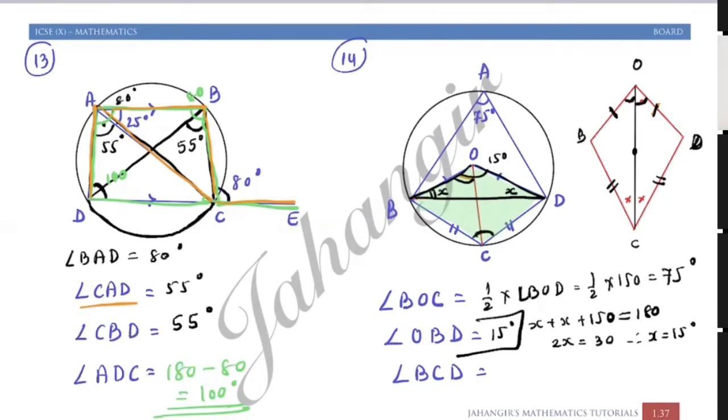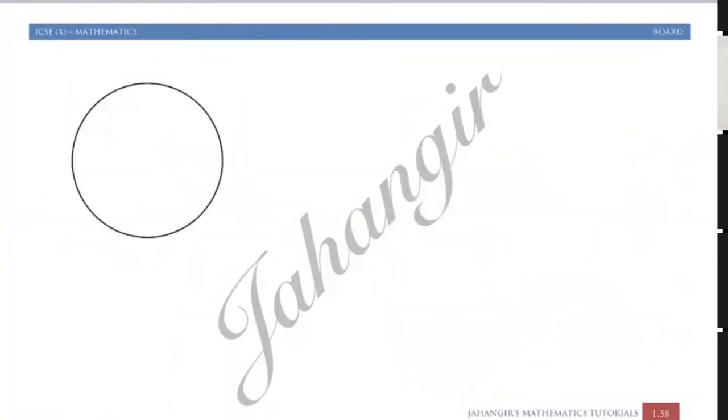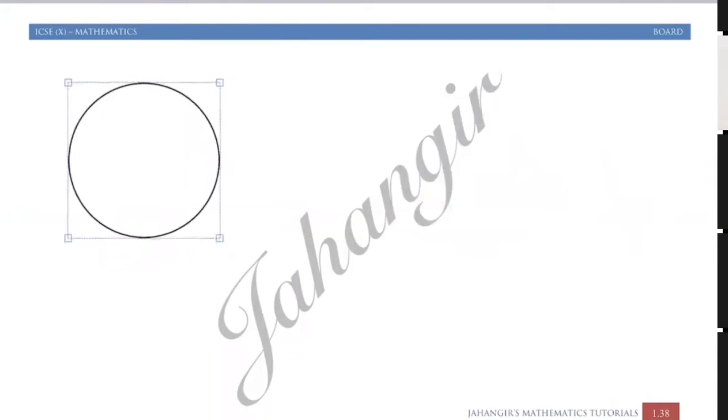Now third, we want BCD. So ABCD is a cyclic quadrilateral. So opposite angles are supplementary. So you will get this as 105 degree. Done? Yes, sir. Now till that time, I'm making diagram.